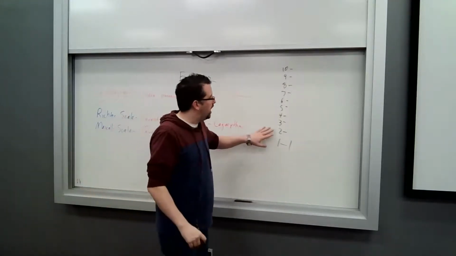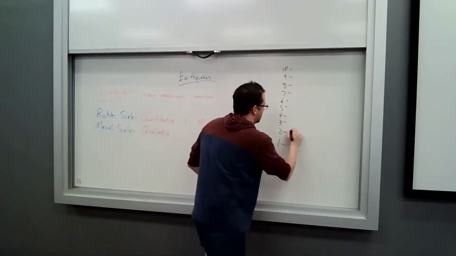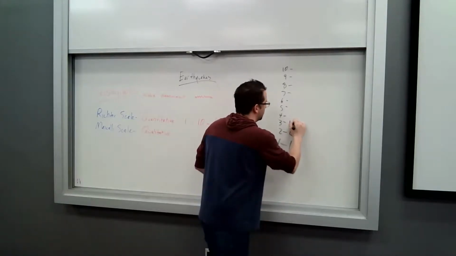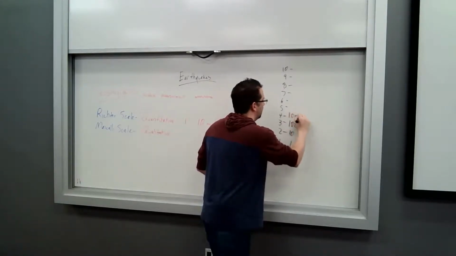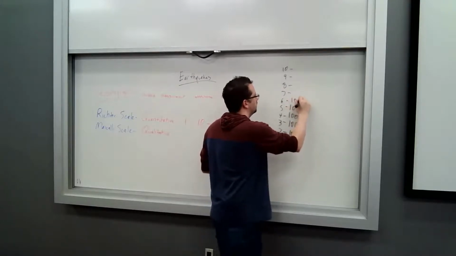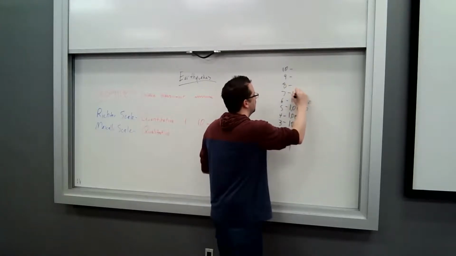But as it goes up in strength, a 2 is 10 times stronger. A 3 is 10 times stronger than that, a 4 is 10 times stronger than that, and so on.